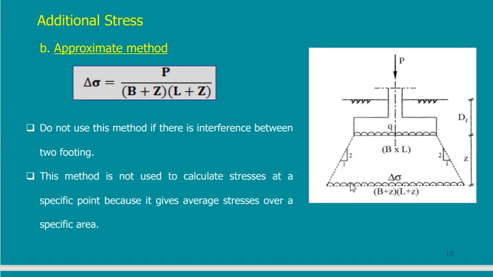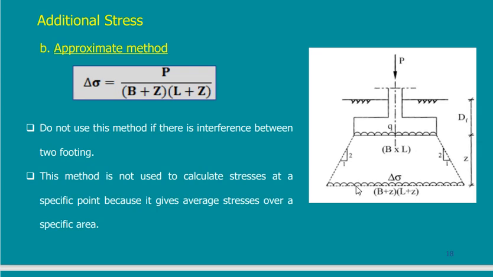So this will be the new dimensions of the footing. Instead of having a footing of dimension B by L, it will be B plus Z multiplied by L plus Z. So this is the new area. I will divide the load P by this new area to get the additional stress at this level.